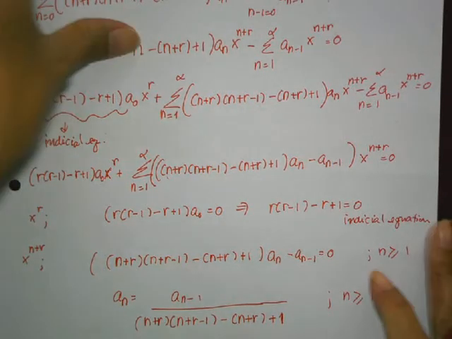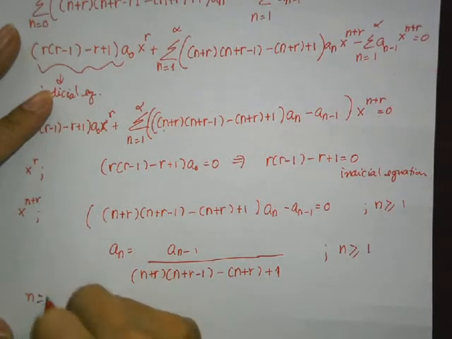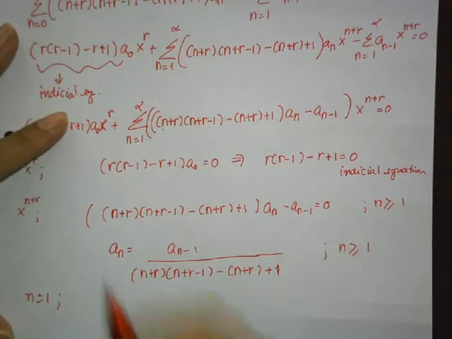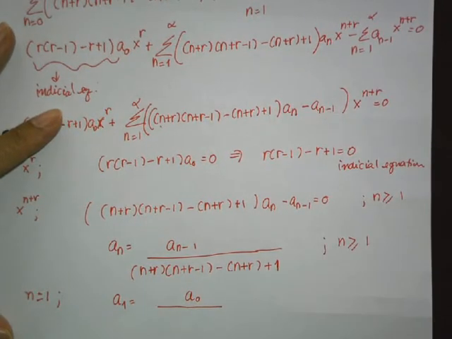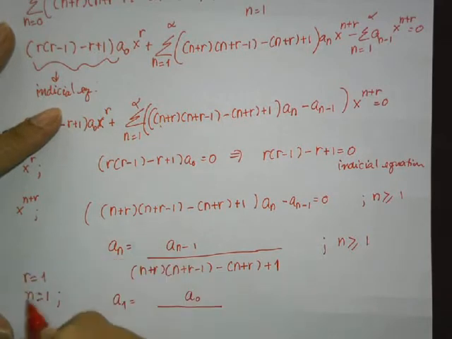After we get this relationship, then we are going to put n equal to 1, 2, and 3 in order to obtain the values of a0, a1, a2, a3 into an. Okay, so when we plug n equal to 1 there, we would get a1 equal to a0... not yet. We are going to plug the value of r there first. We know our r is equal to 1.